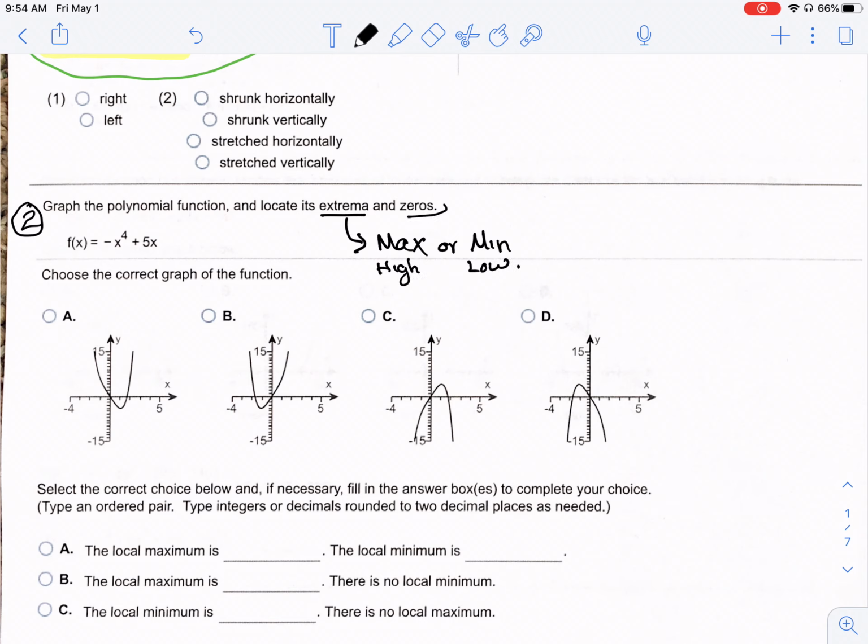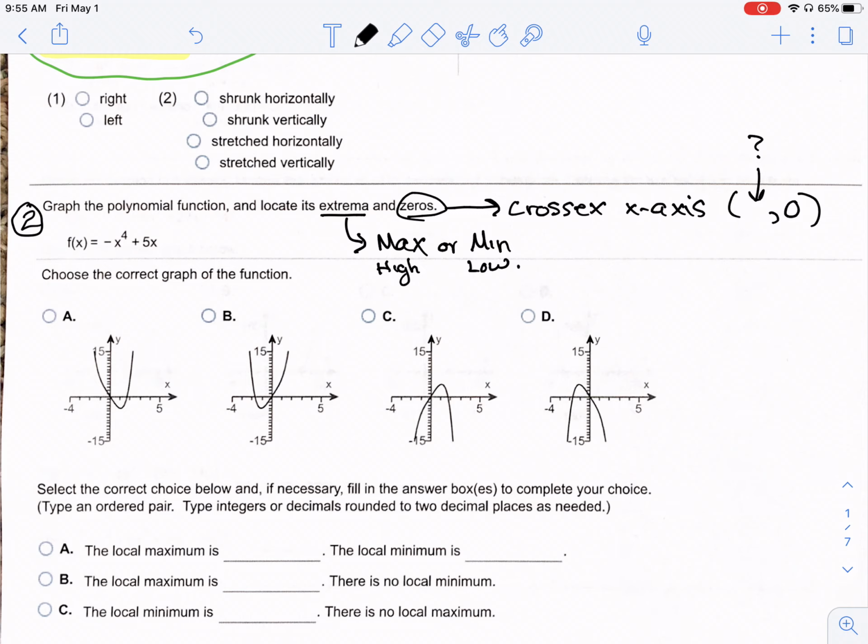The zeros are the places where the graph crosses the x-axis. So you've got some x-coordinate that you get to find, and you know that the y-coordinate is going to be 0 on those.